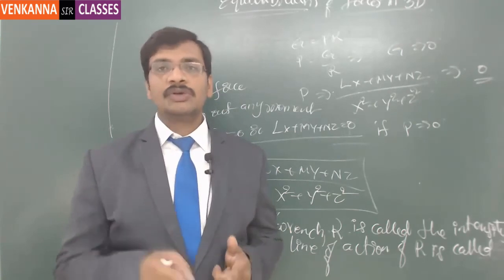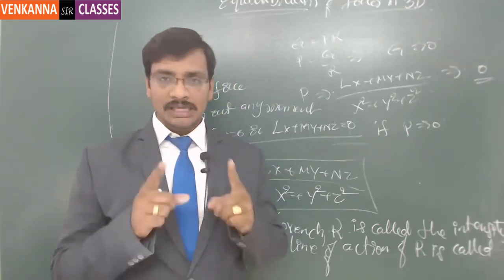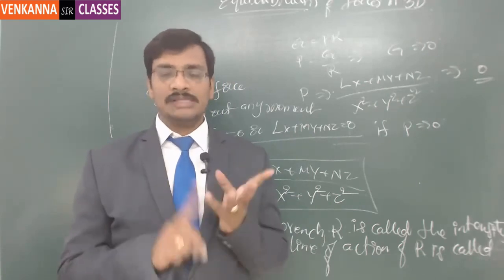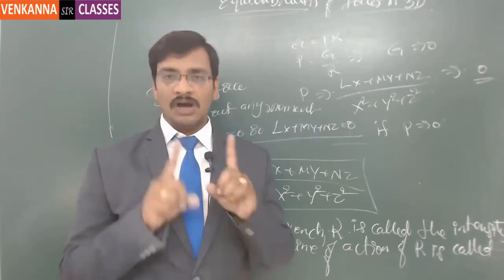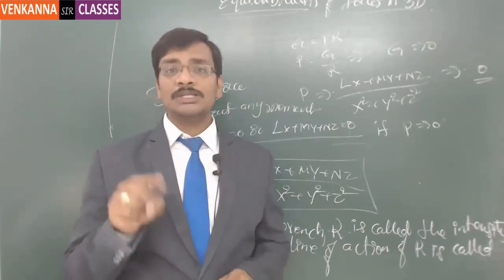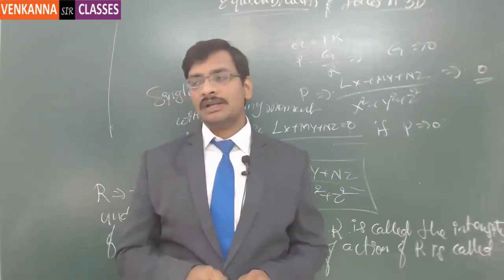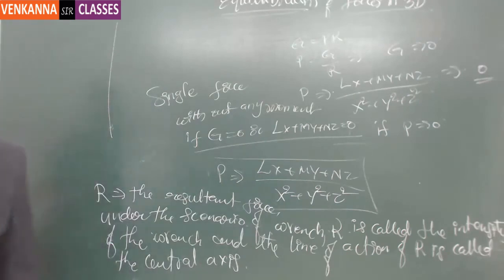But if you take the base point on the central axis, then the directions of the single moment and the single force, which is the effect of all together, will always be parallel to each other, as long as the base point is on the central axis. Got it? That is the importance of the central axis.